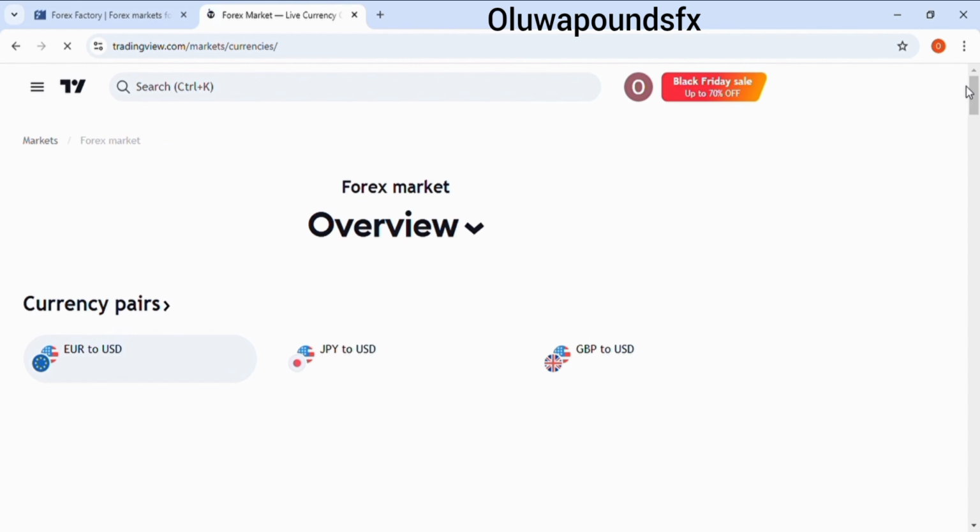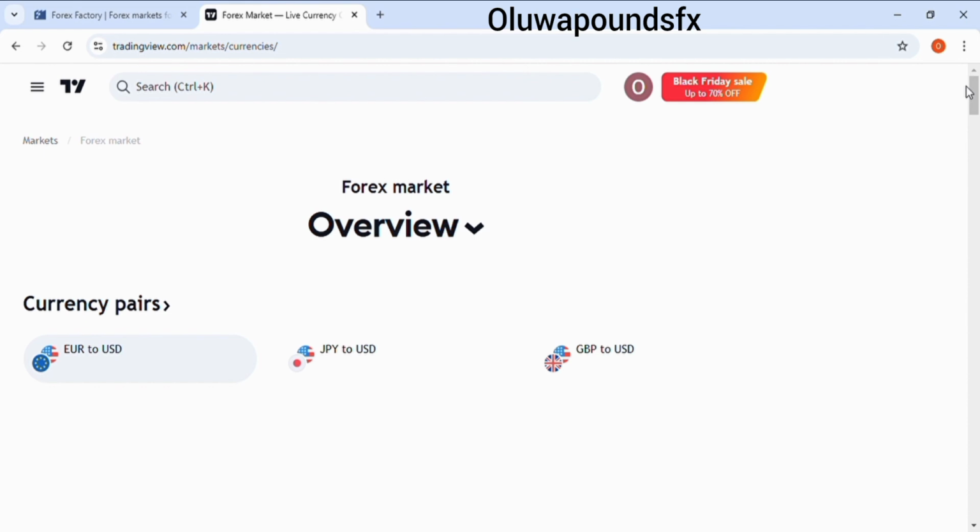Okay, waiting for this particular news and this particular page to open. The first news you need to have in the back of your mind is NFP. You'll be trading NFP, you'll be trading PPI, you'll be trading CPI.